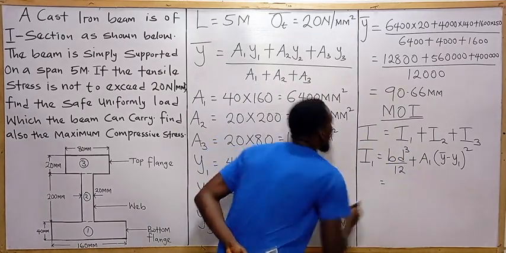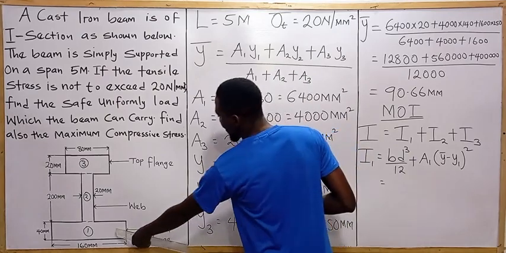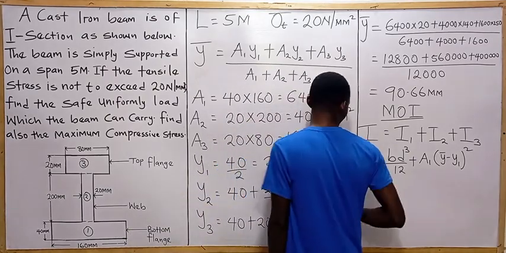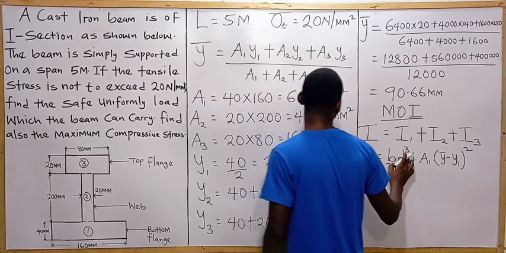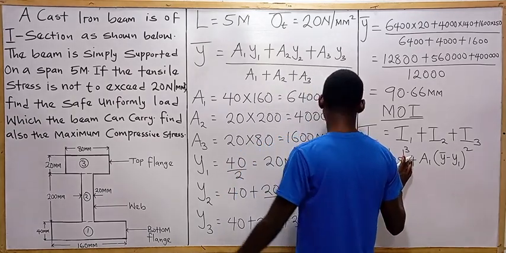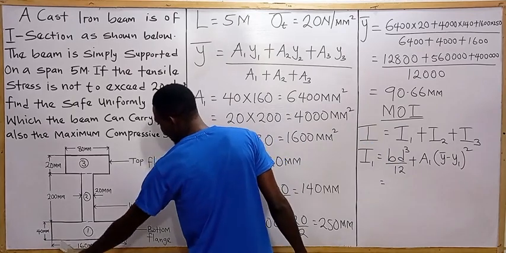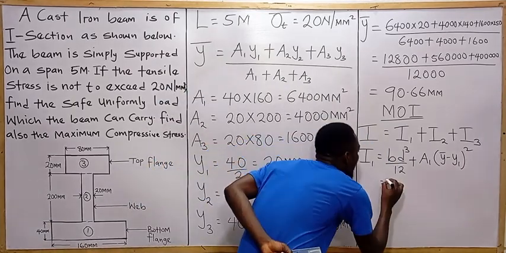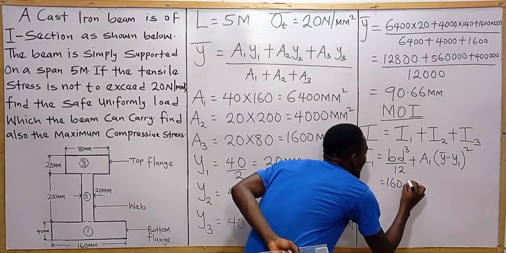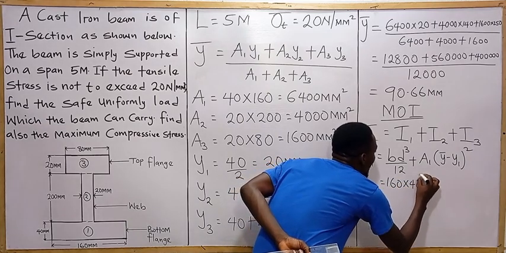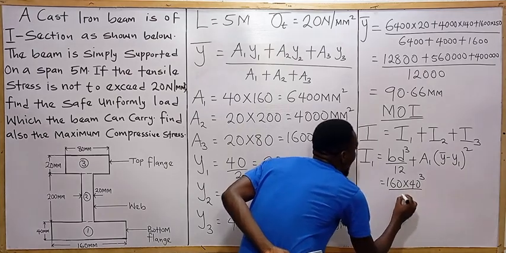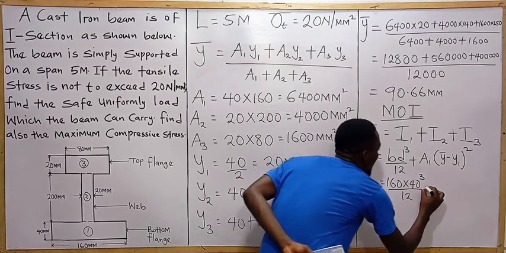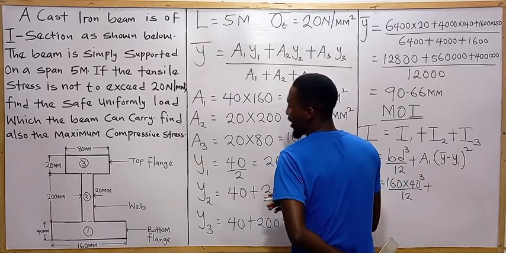So let's substitute now. If you go to our first rectangle here, the base multiplied by our depth. Our depth is 40, while the base is 160. So we are going to have 160 multiplied by 40 to the power of 3 divided by 12 plus A1.